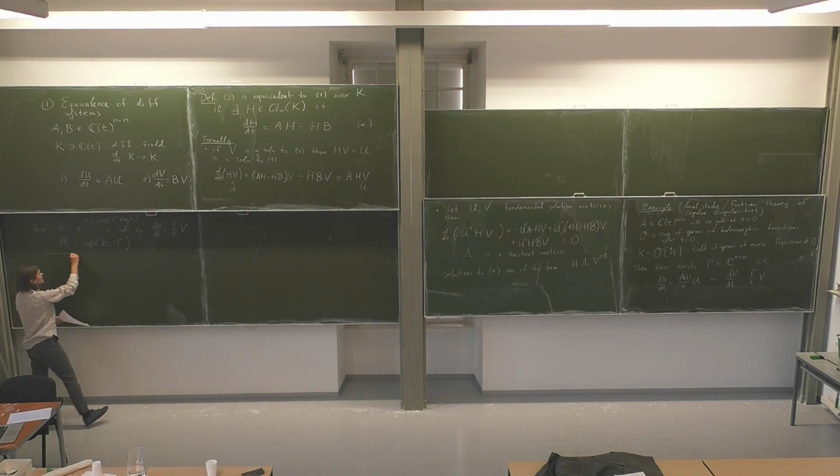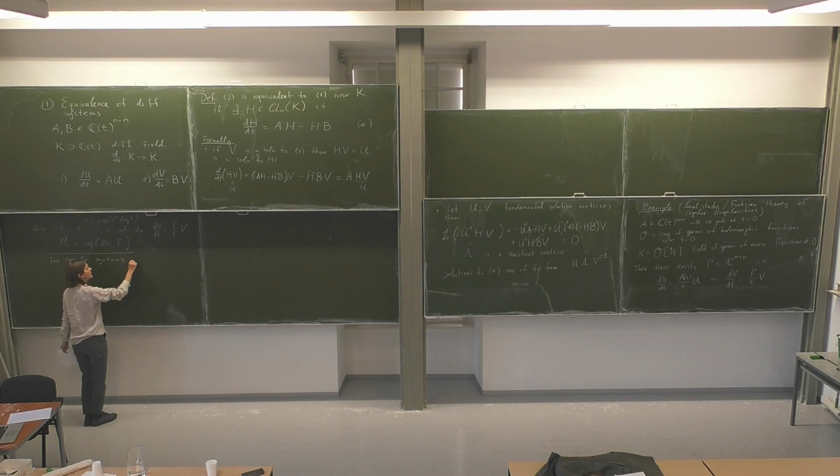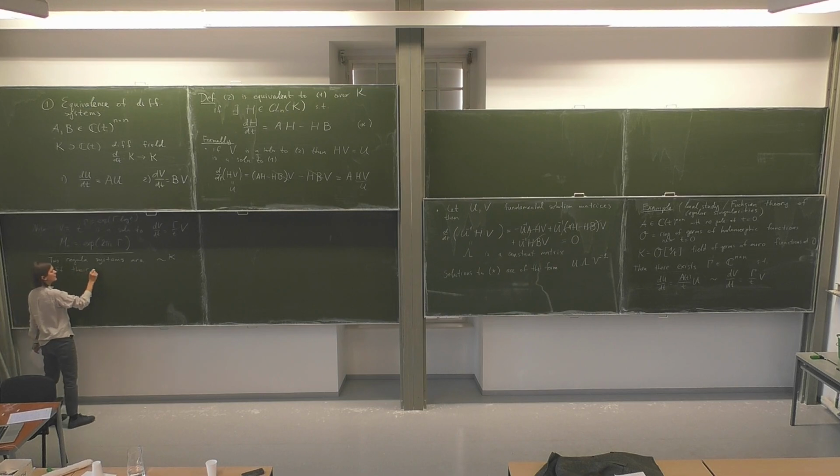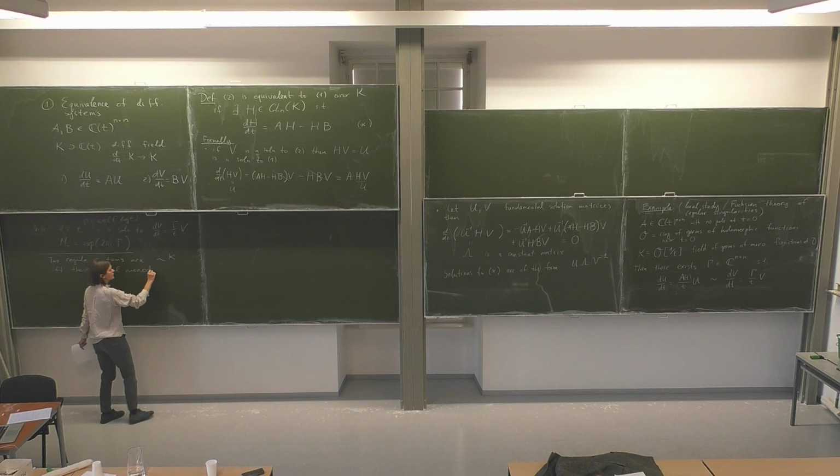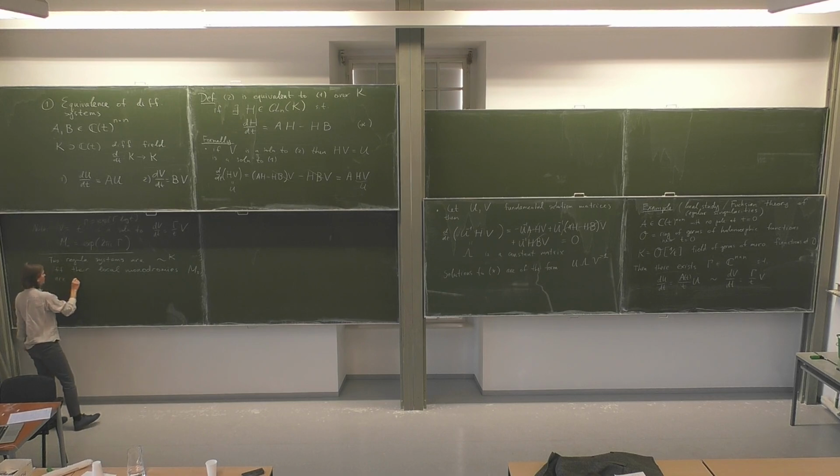And one can say that two regular systems are equivalent over K if their local monodromies are conjugate.